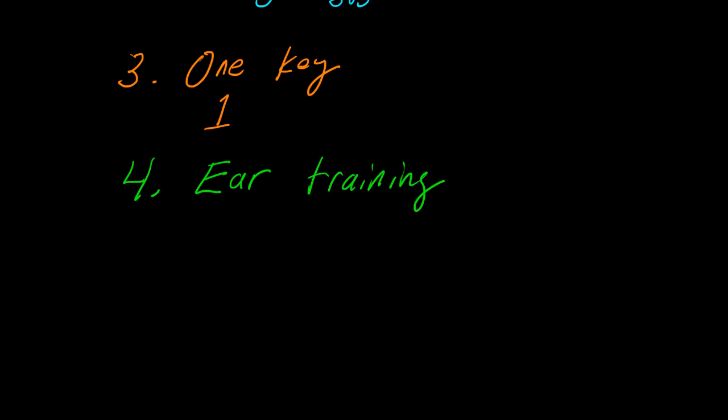And the last, all right, here we go. The last reason, and there's more, but I'm just giving you 5, is because it is easy to begin playing music, or I should say even more specific, to play songs.